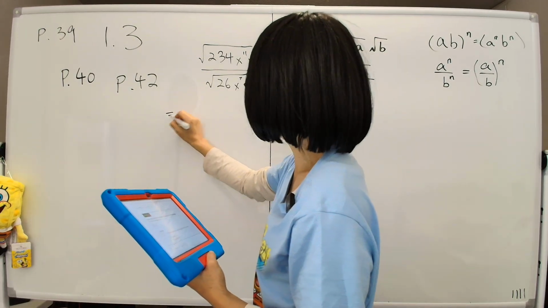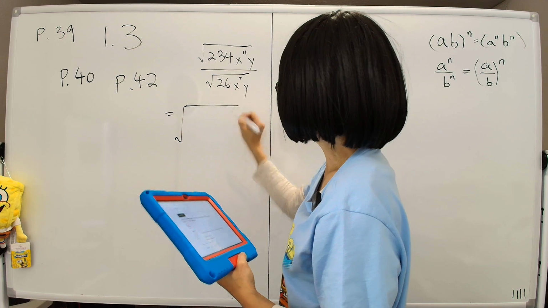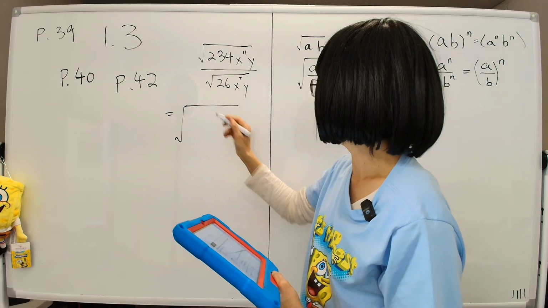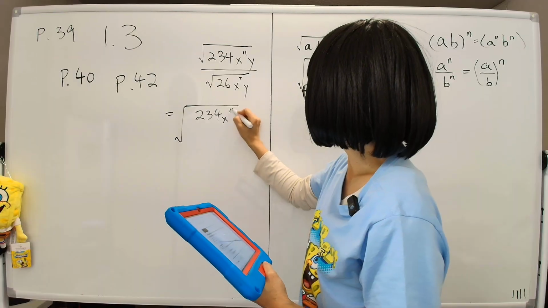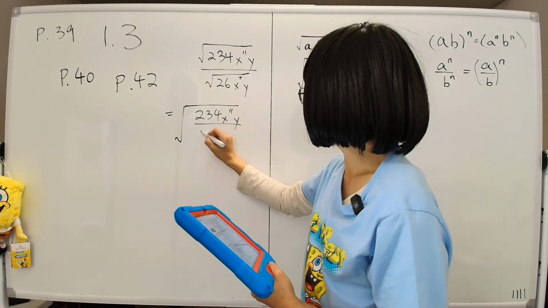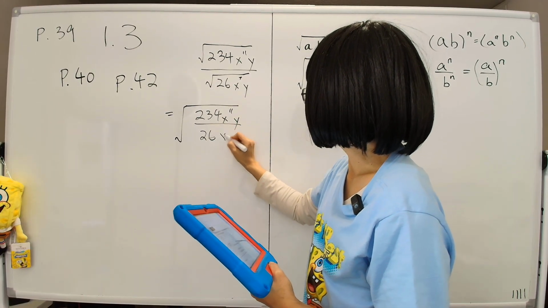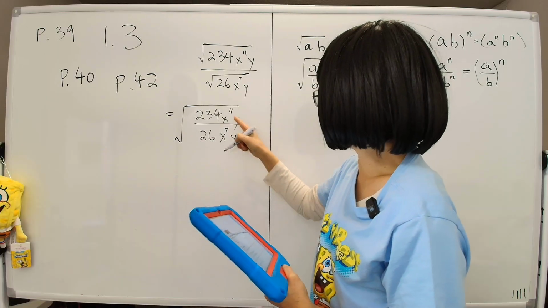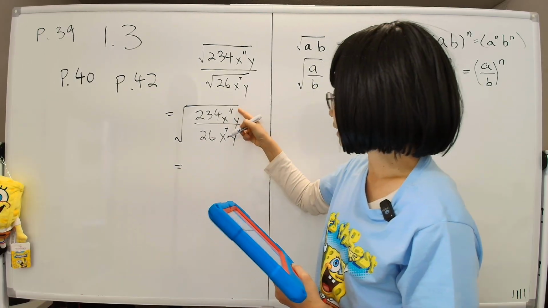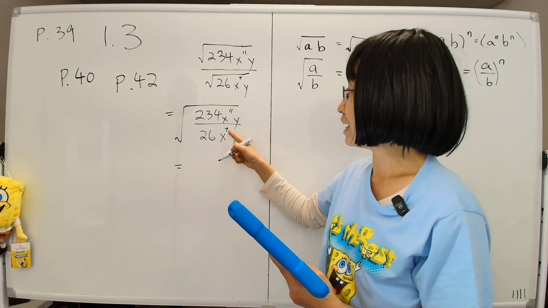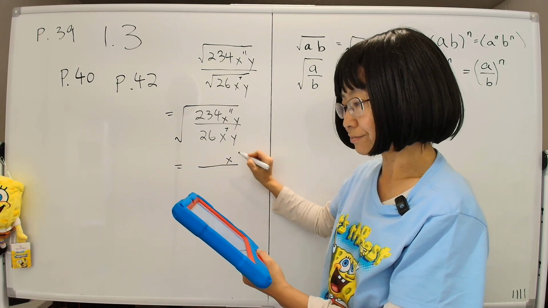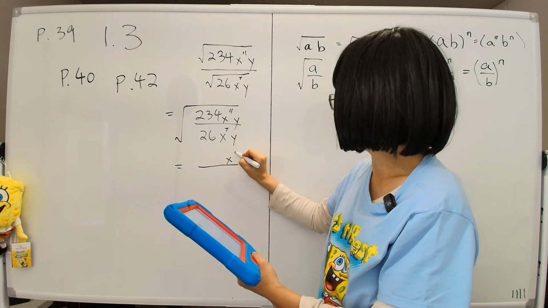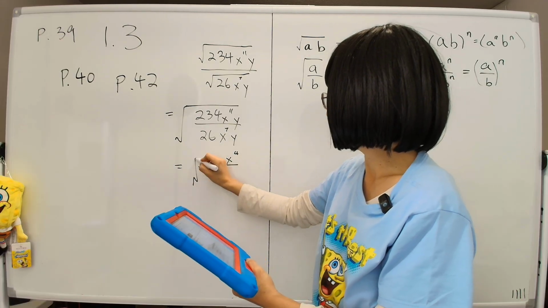So what we're going to do is write everything in a giant radical, that is a square root sign, and then 234 x to the 11 y, and then divide by 26 and then x to the 7 y. So then we end up with, see, we have 11 and 7. What is left on top is x to the power 4, and don't forget the radical sign.